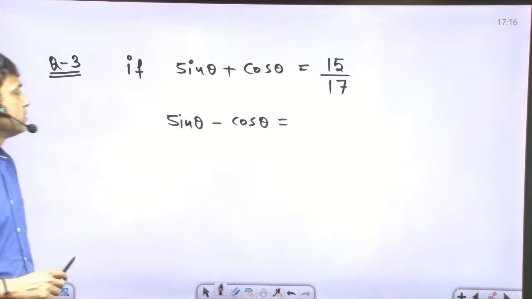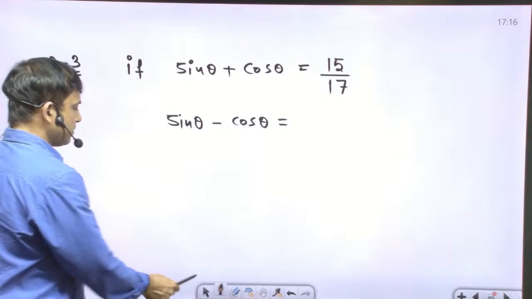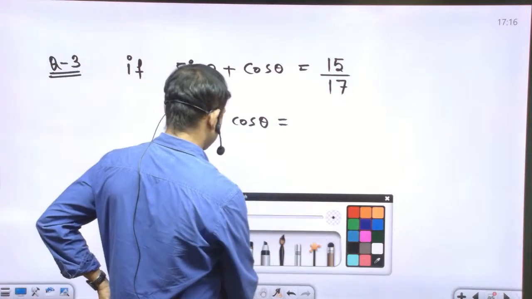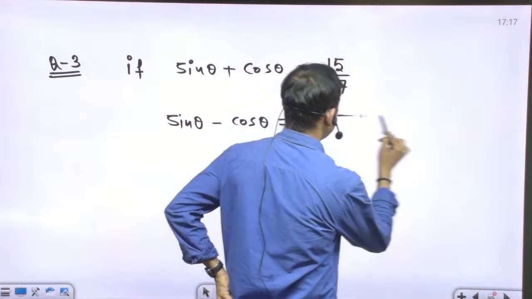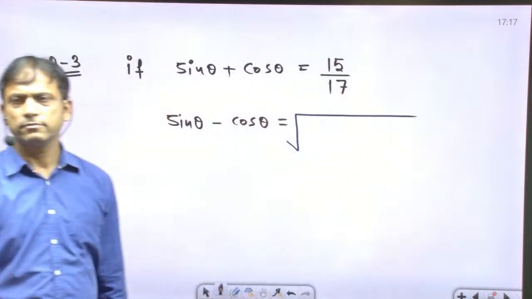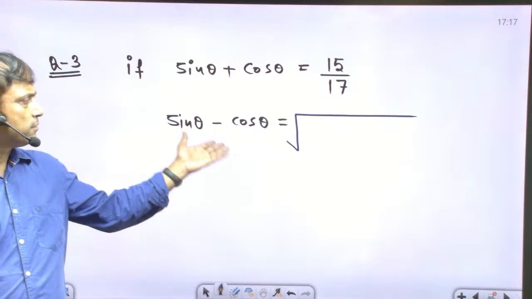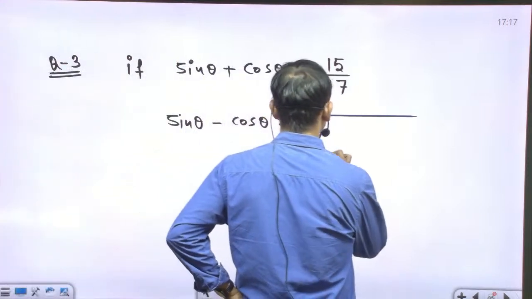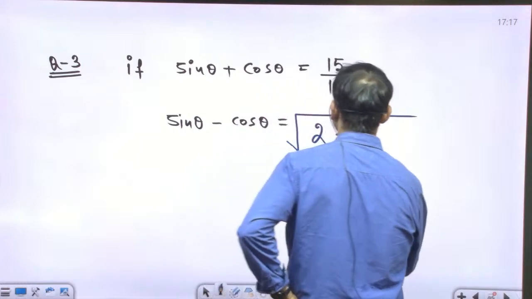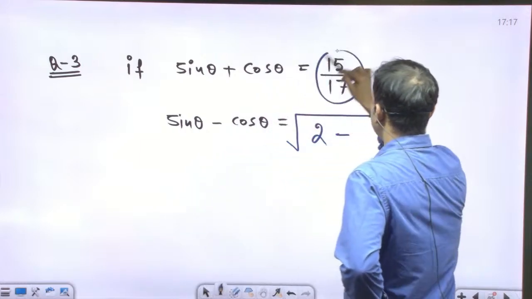Yes. Sin theta minus cos theta, sin theta plus cos. So without any kind of confusion, write square root and then write 2 minus the square of this number.